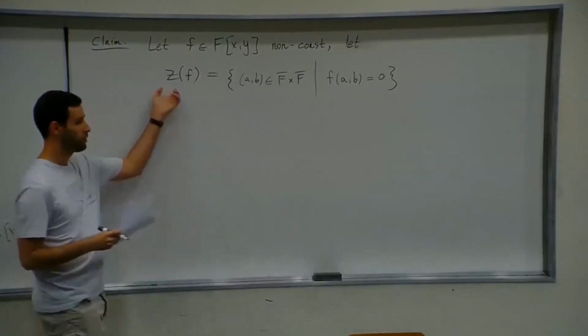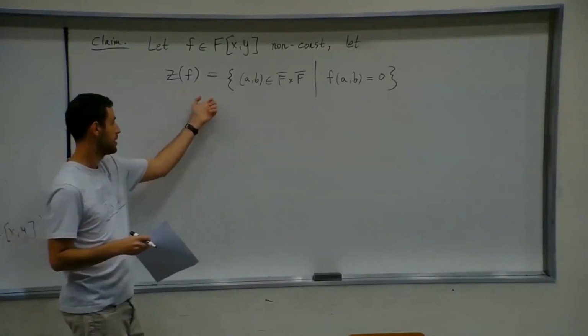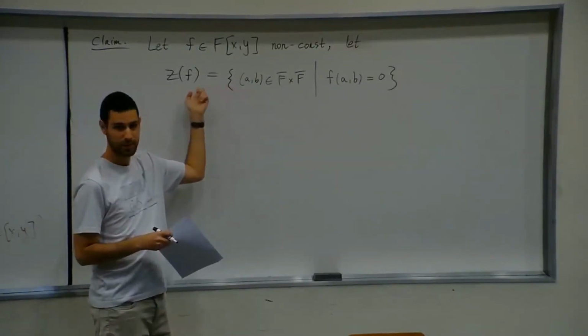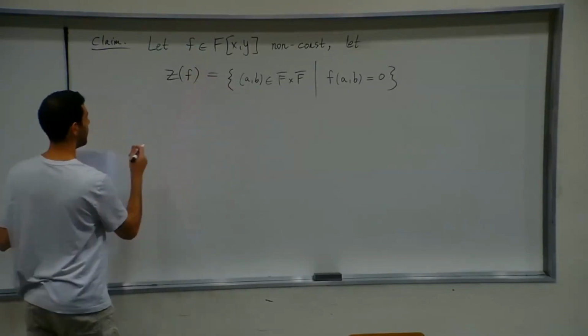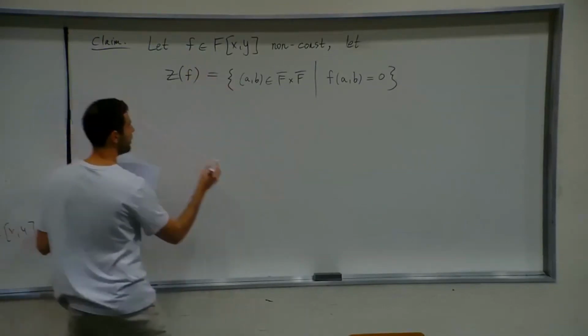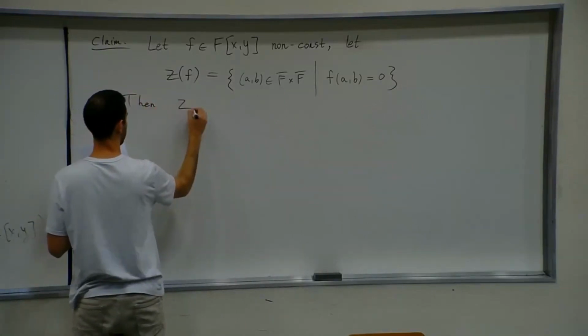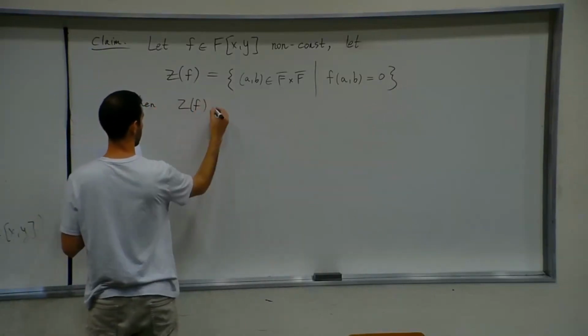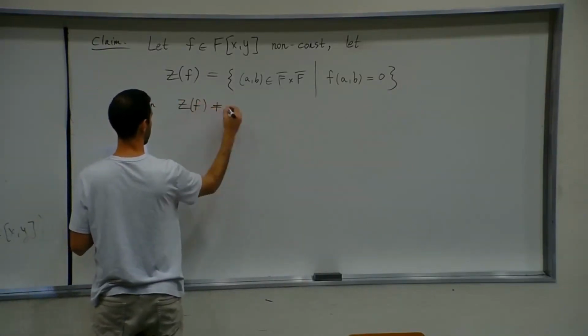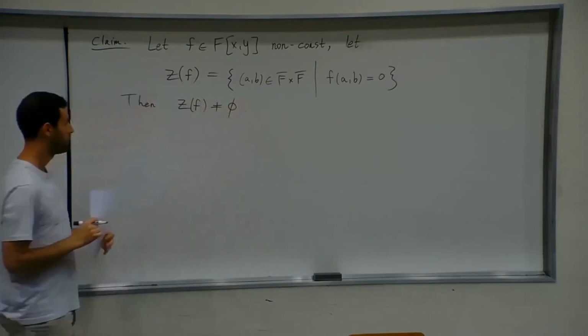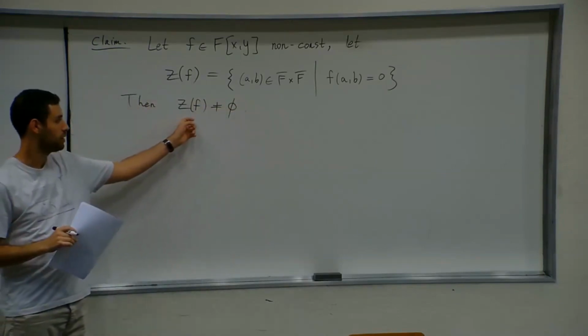So this is the curve, just the set of the points on the curve defined by the polynomial f. And the claim is that this set is non-empty, and in fact it's infinite.